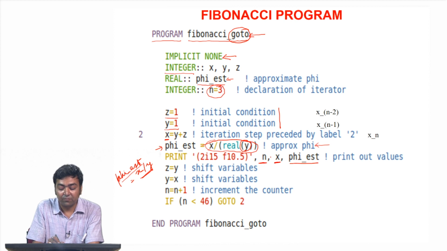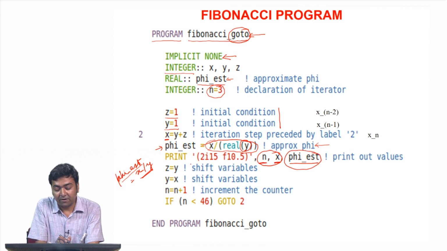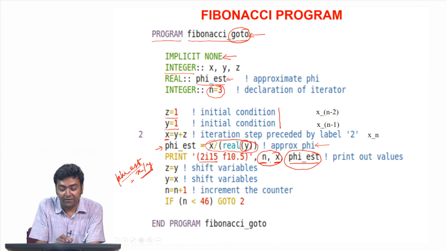So, I want to print two integer numbers and one real number, and I want to print it in a formatted form. That is why within the format statement I have two types of numbers. So, I have two format specifiers, one for the integer part and one for the real part, and for the integer part I am printing out two integer numbers.